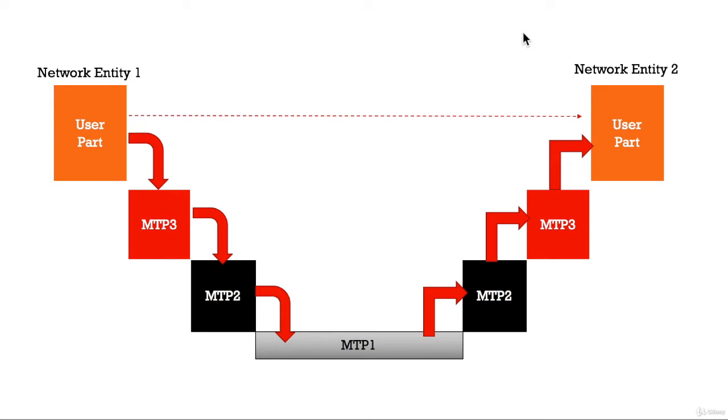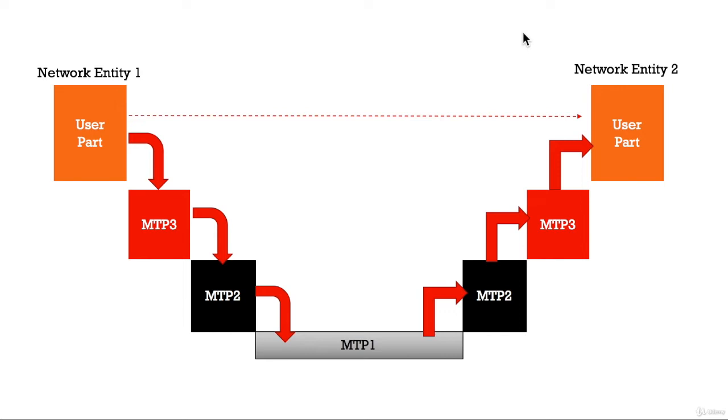The MTP layers are basically the message transport protocol. They are equivalent to the network layer, the OSI layer 3, the network layer of the OSI model. So the MTP3 layer is concerned with routing the message to the correct endpoint.